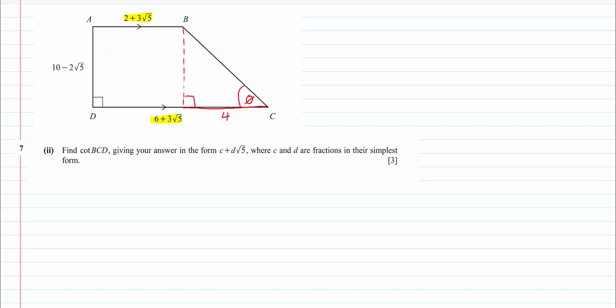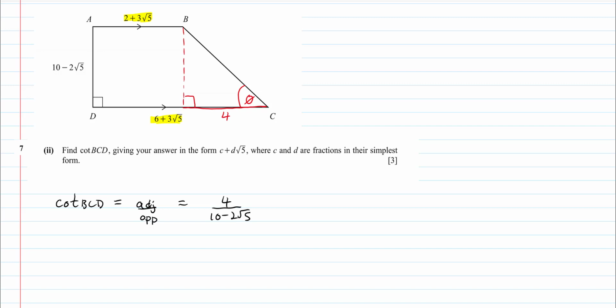Okay, and we know the vertical height, so that dotted red line I've got there, that is 10 minus 2 root 5. So the cotangent of an angle, so we want the cotangent of BCD, well, that's going to be equal to the adjacent over the opposite, and in our case the adjacent is 4 and our opposite is 10 minus 2 root 5.